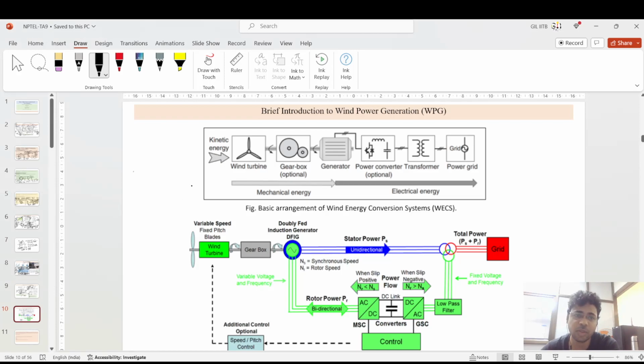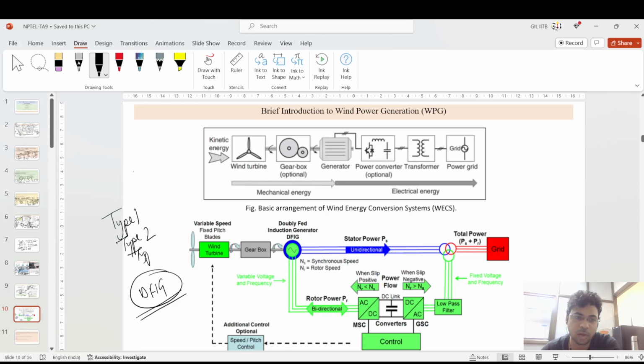So coming to wind power generation, the second module of this lecture. In the previous tutorial sessions, I explained the working principle of the DFIG and all.